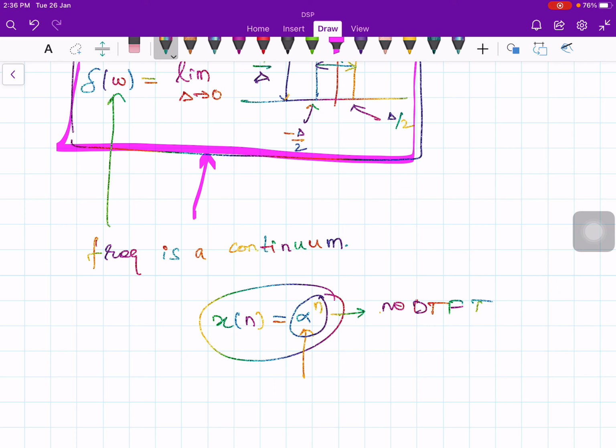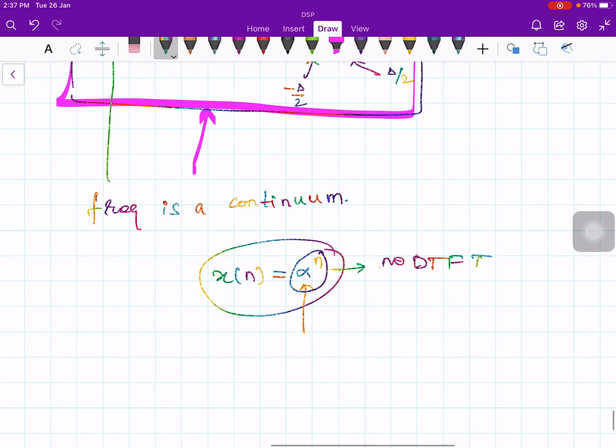Alpha can be any quantity. Similarly, you can take e to the j n omega naught. Again, this is not multiplied by u of n. Simply I am taking x of n equal to e to the j n omega naught. And this e to the j n omega naught is also neither square summable nor absolutely summable.